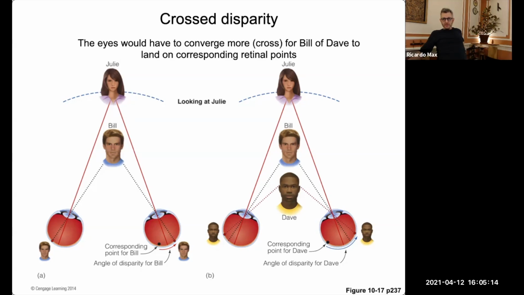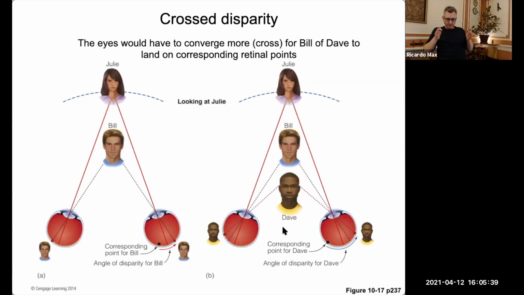So the terminology is that for objects that are closer to us, they have cross disparity. Why cross? This is only arbitrary terminology. Cross disparity because in order to move your fixation from Julie to a closer object, you have to cross your eyes.